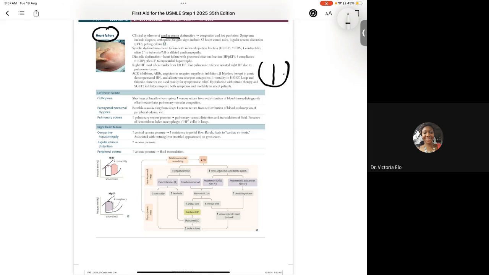If we have a lot of volume overload because the heart is not pumping blood, a kind of dilated situation is going to be present because the heart is going to have a lot of blood. Which heart sound is associated with volume overload state? S3. Perfect. So you can see S3 heart sound. Jugular venous distension. Why? Because the heart isn't able to pump blood.